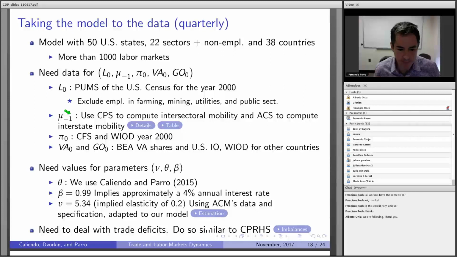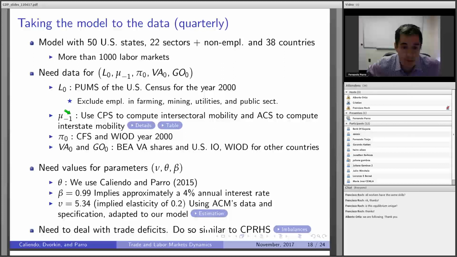So after identifying the China shock, we need to calibrate the model. We are going to calibrate the model to 50 US states, 22 sectors. As I mentioned, 12 manufacturing sectors, 10 non-manufacturing sectors. There is going to be an additional sector called non-employment.